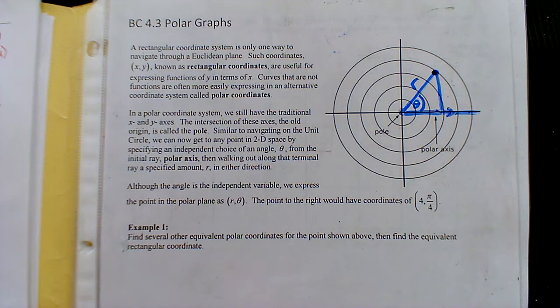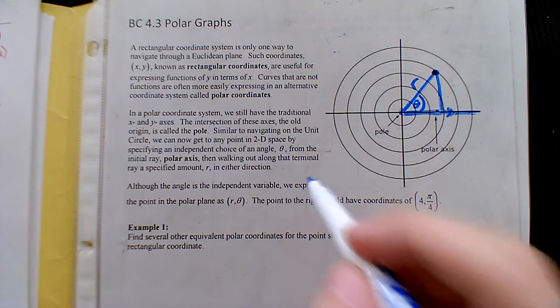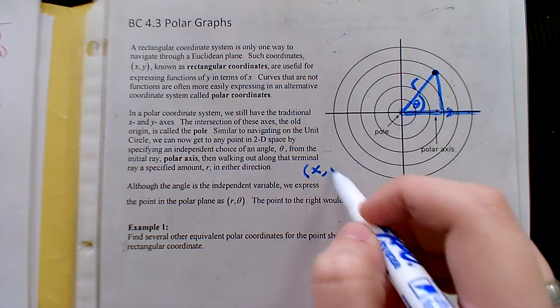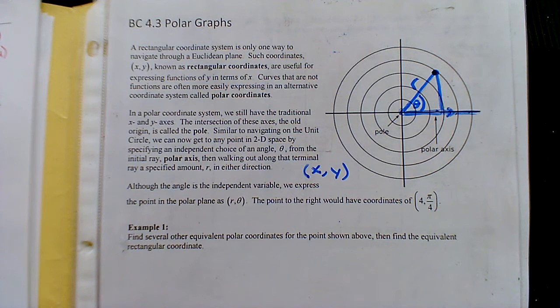What's also a little bit different is that in a rectangular system, we write x comma y, and we're used to x being the independent variable. But in a polar graph, the theta is your independent variable. And notice how that's written secondly, not first, like an x is.